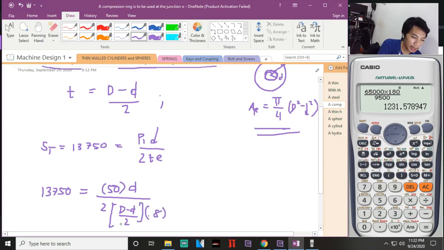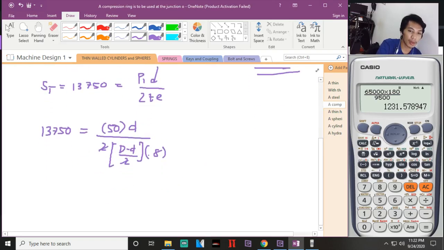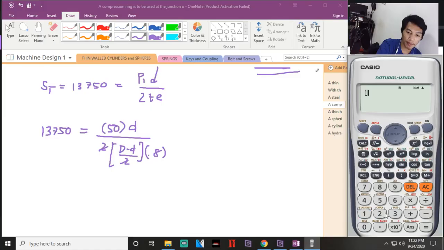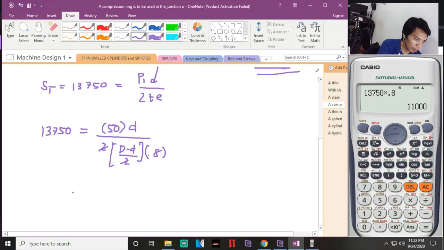So, cancel. Okay, simplify ko. 13,750 times 0.8. That is 11,000. 11,000 equal to 50 times d over D minus d.